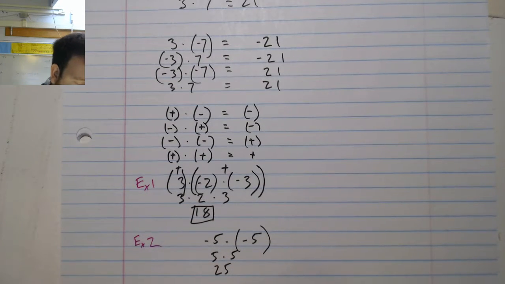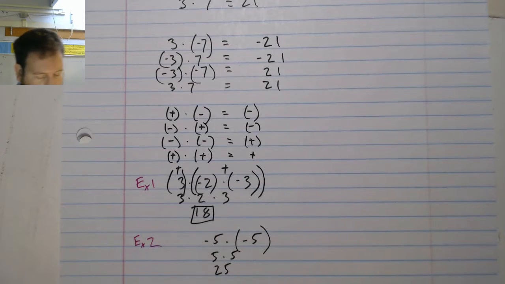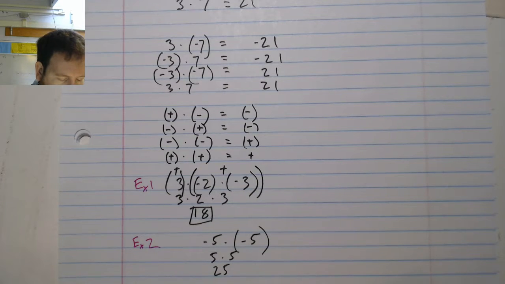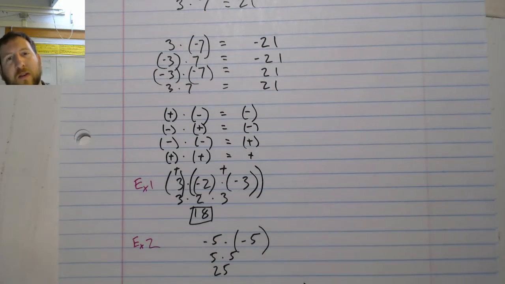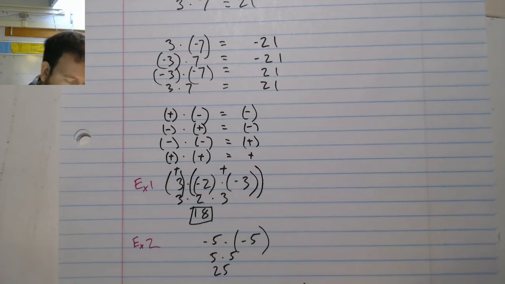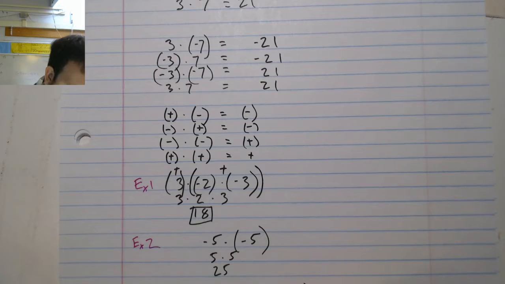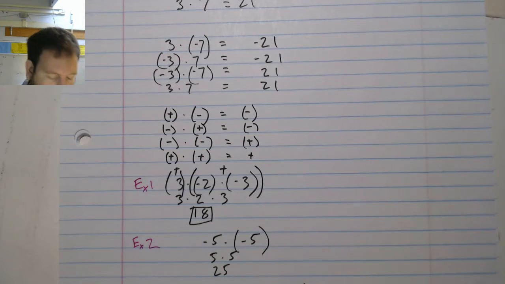Let's take a look at one more example. Lastly, let's take a look at this. We're going to have -2 times -3 times -10. All right, so in this case, what I can do is I can solve this a couple of ways. What I would do is I would simplify part of it first, or think of, okay, a negative times a negative is going to be a positive.